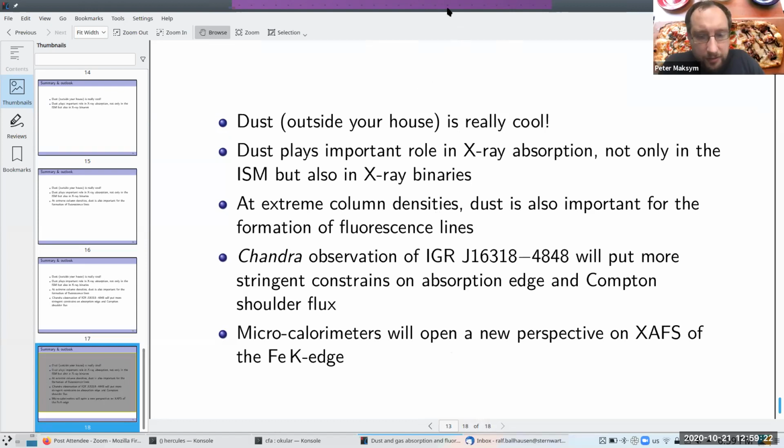All right. So our next speaker is Thaisa Storchi-Bergmann. Dr. Storchi-Bergmann is a professor at the Physics Institute, Universidade Federal do Rio Grande do Sul in Porto Alegre, Brazil, where she is the head of the Astrophysics Research Group.